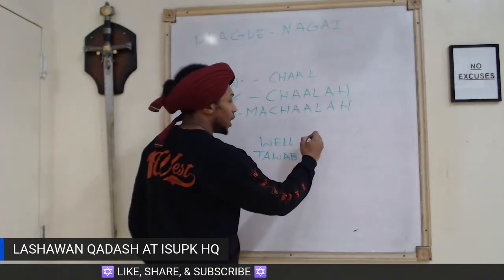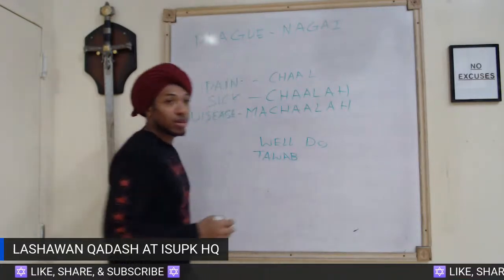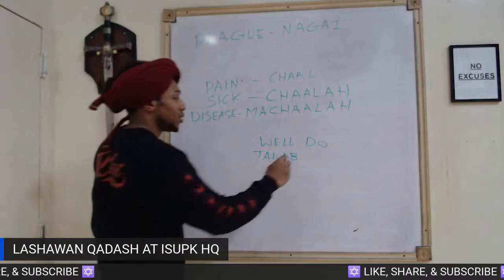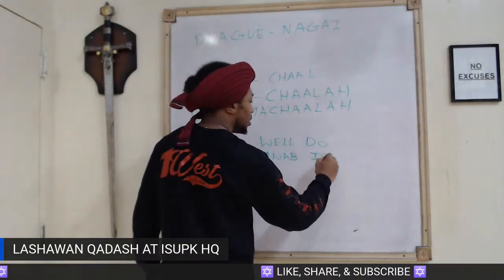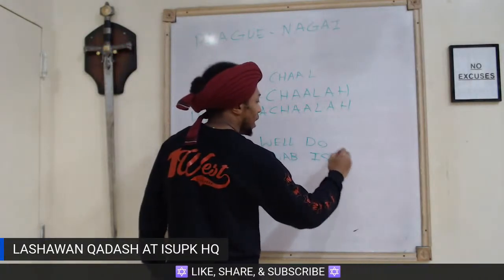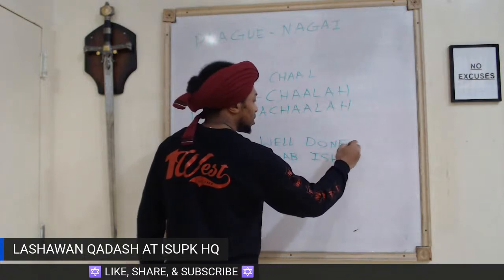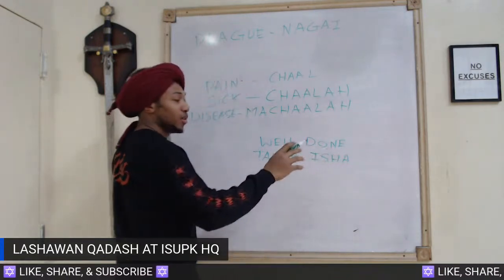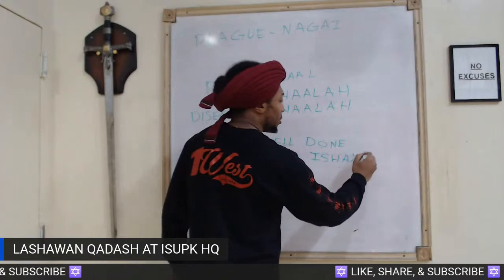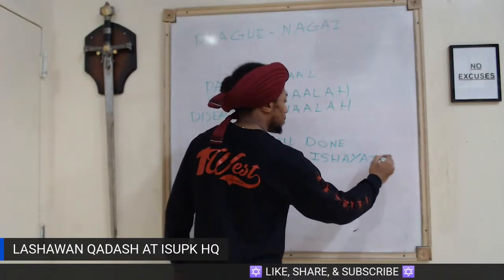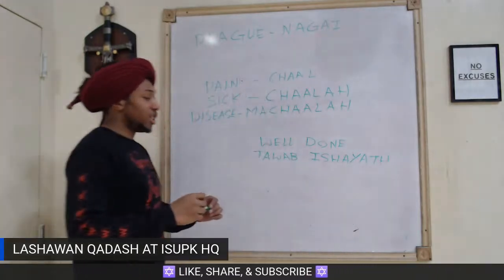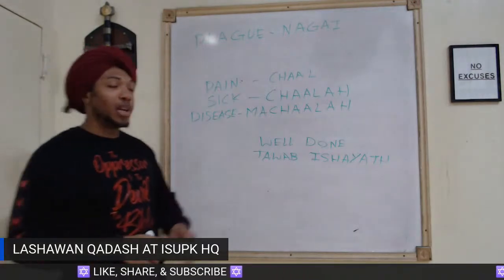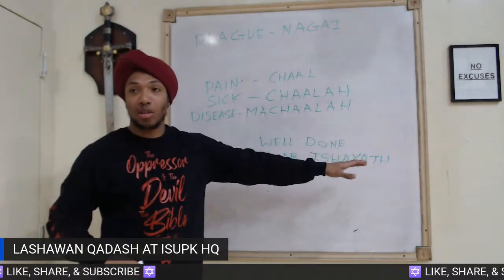How do we say done? How do we say do? Aisha. Done, past tense. It's going to say Aisha, right? Don't get confused. Just write it. Just put it down in your books.